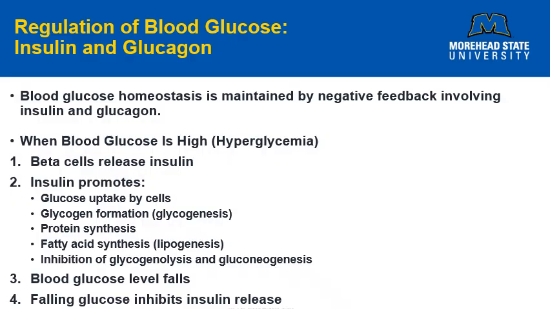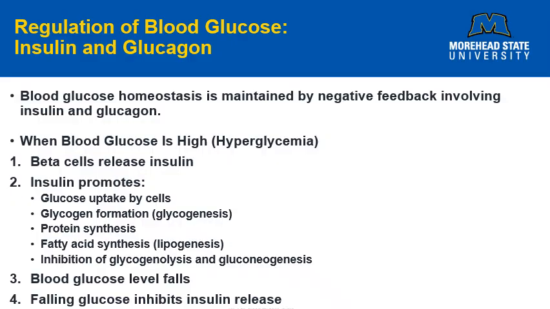Now, on the flip side, if blood glucose is too high, or hyperglycemia, we switch it. Okay, so we're no longer looking at glucagon, we're looking at insulin. This time, beta cells release insulin. Insulin, obviously, wants to promote the use of glucose to get rid of it.